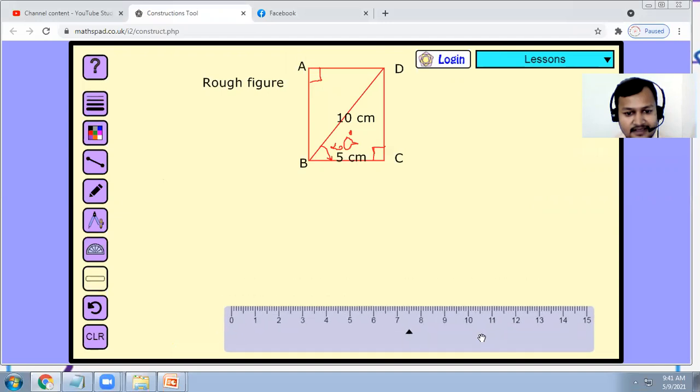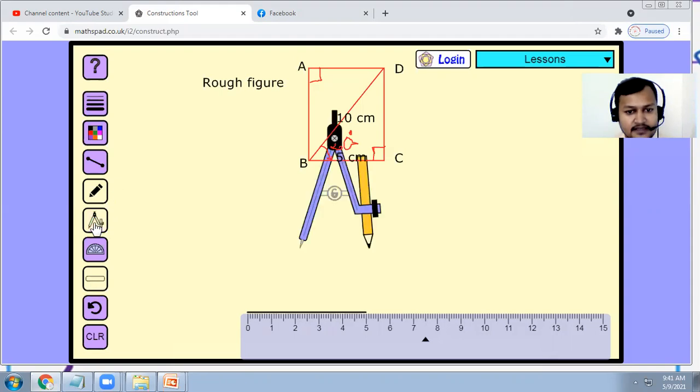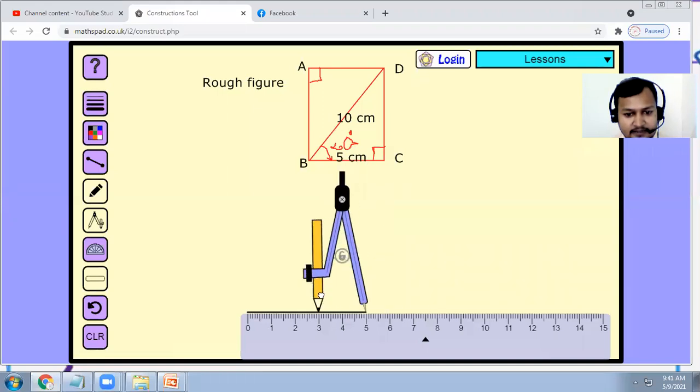Take scale and draw line segment BC of length 5 centimeter exactly. Okay, after drawing it, we know that angles of rectangle are 90 degree. Since angles of a rectangle are 90 degree, we have to draw a 90 degree angle at one end.